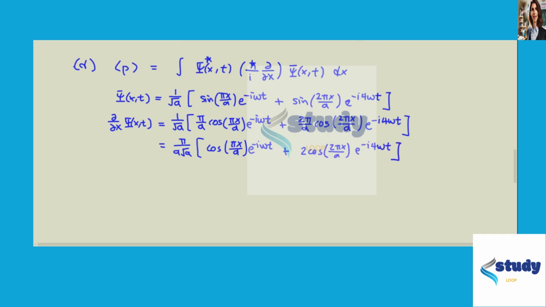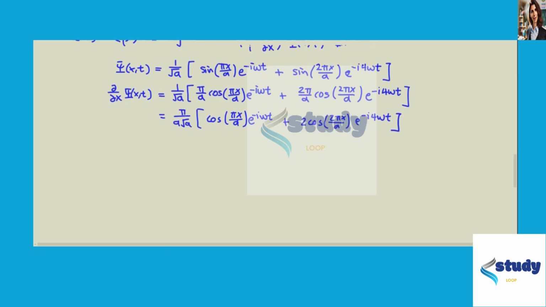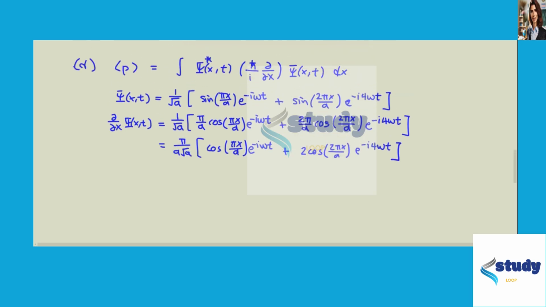I'm going to ignore the h bar over i for the moment, and later just put it back. Now we are just going to focus on multiplying the functions.